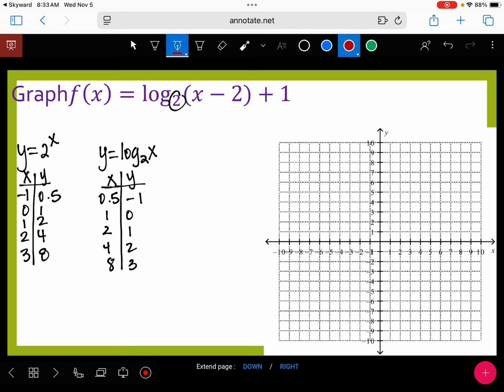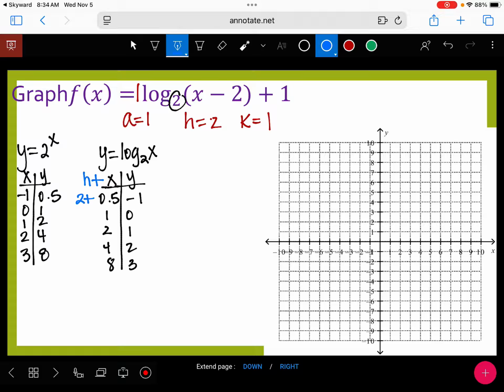So my A value is the number in front of log. We don't see anything, so that means that A is 1. H is always inside and the opposite. So what is H? Positive 2. K is positive 1. So I'm going to take my second table and add the H, which is 2.